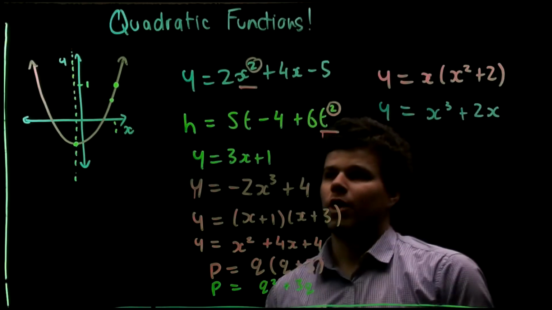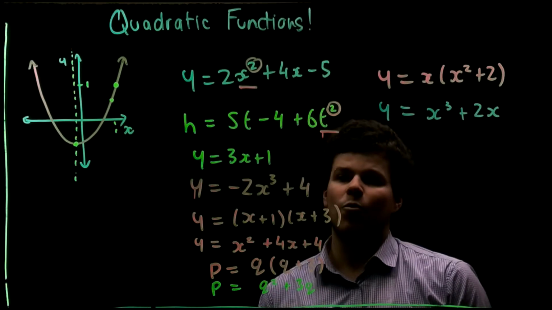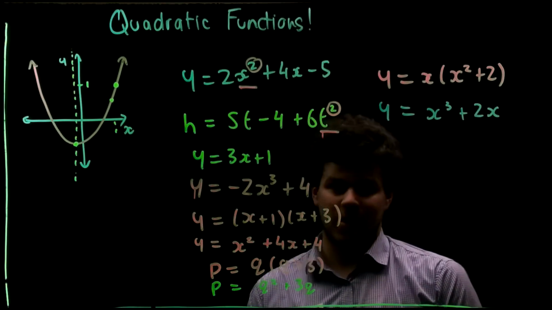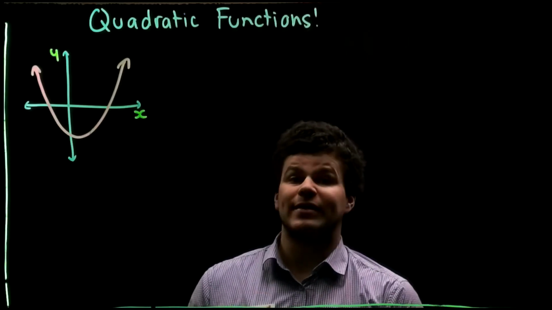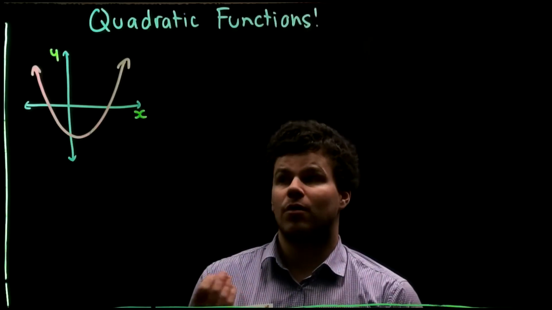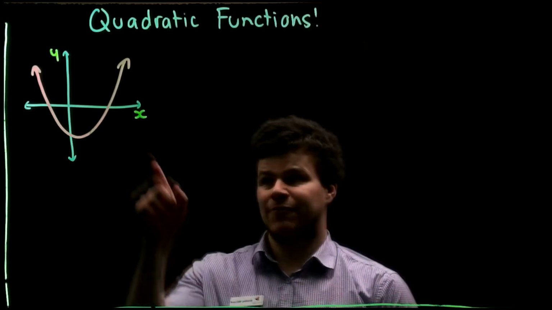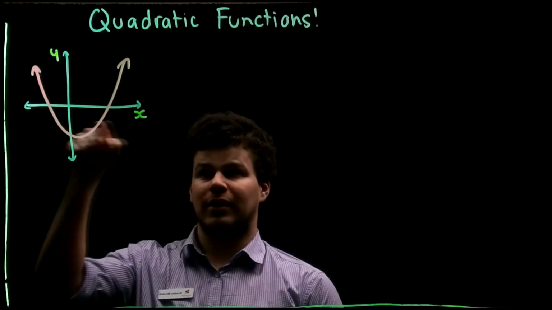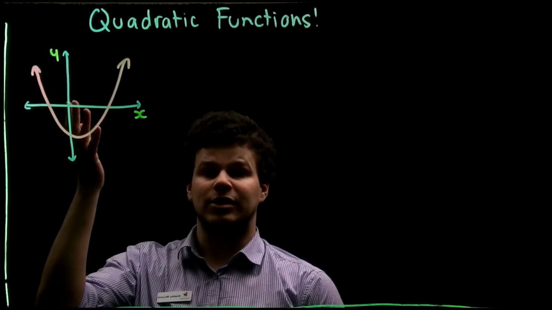Okay, so I'm going to erase all this off, and we're going to look at finding a y value for any given x value. What that actually means is we're identifying one of our solutions. So if we get given any x value along here, we can work out what our quadratic function is at that value.